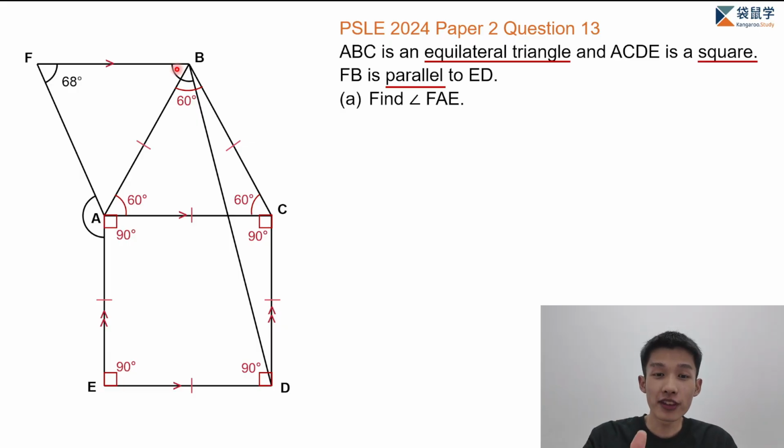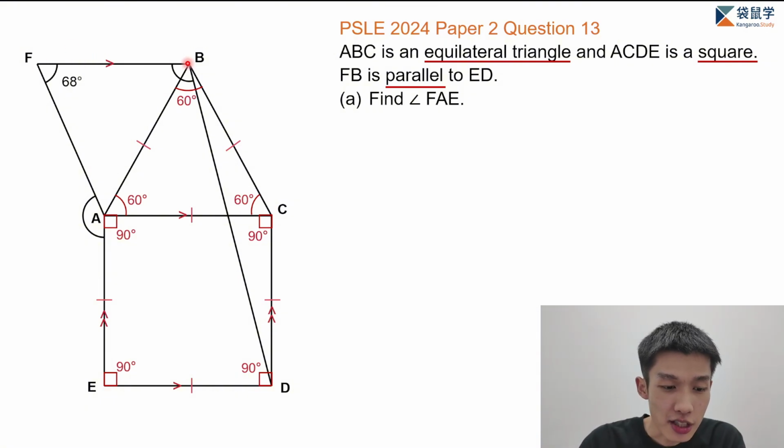So from the 3 pieces of information, we can label so many things. All the red things we have labeled were hidden, and we need to label them out. It makes the question clearer. From here, we can see FB is not just parallel to ED, it's also parallel to AC.